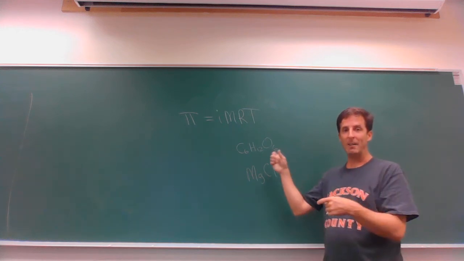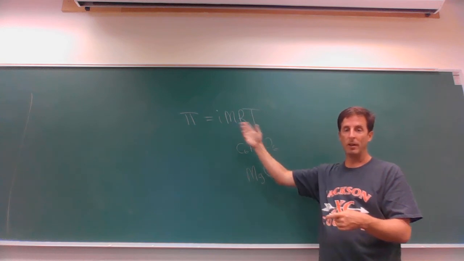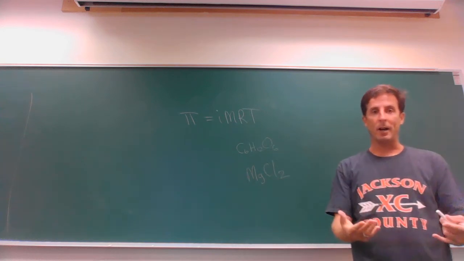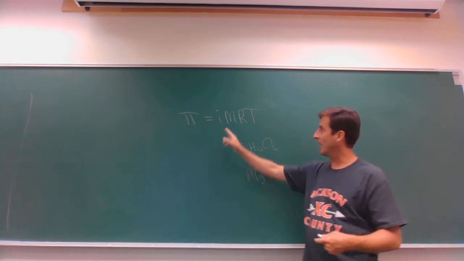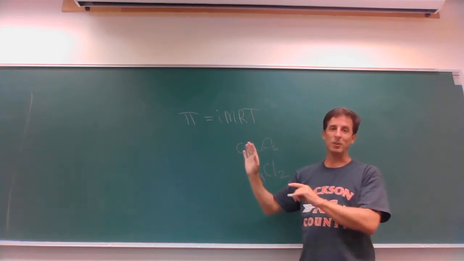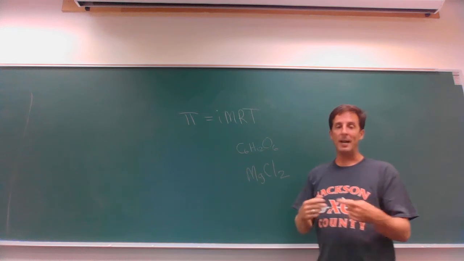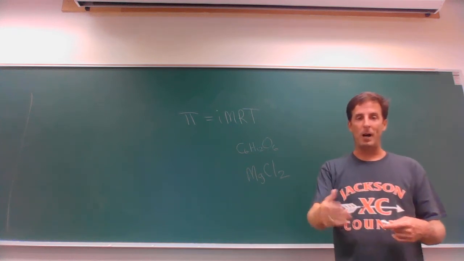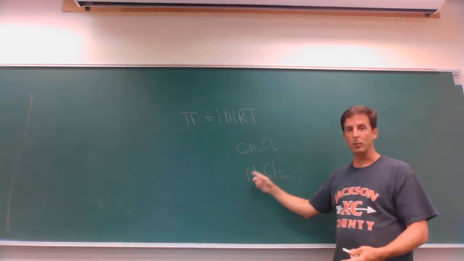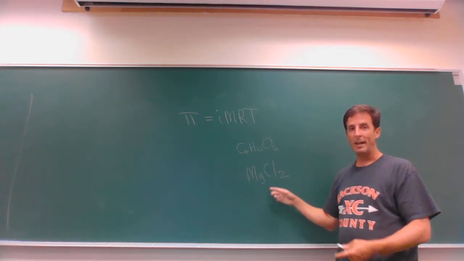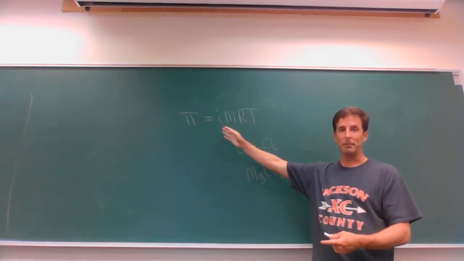So therefore, the i value for glucose is 1. If I'm dealing with a normal covalent compound that doesn't split, the i value is 1, which means you can usually just leave it out. But if you're dealing with an ionic compound or a strong acid, then you have to figure out how many particles it's going to break into, and that becomes your i value.